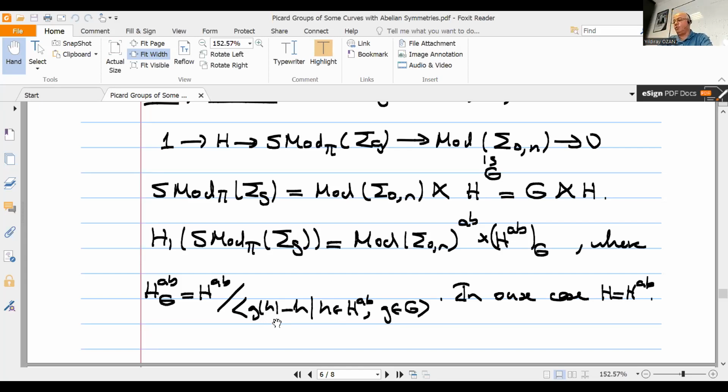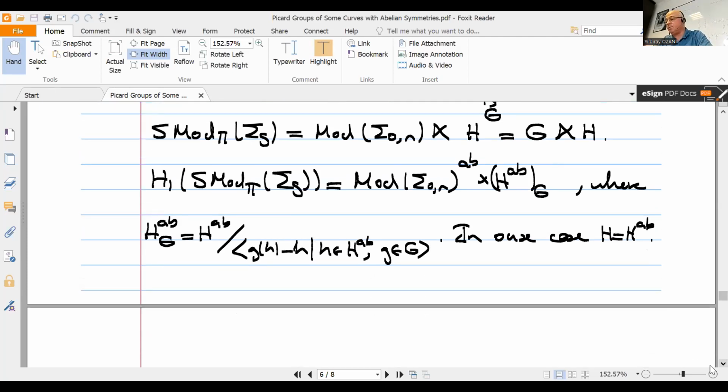You take any element of the group G, and you act it on the elements of H, and you look at the difference of the image and the original. These elements form a subgroup, and you take the quotient of the abelianization by that subgroup.